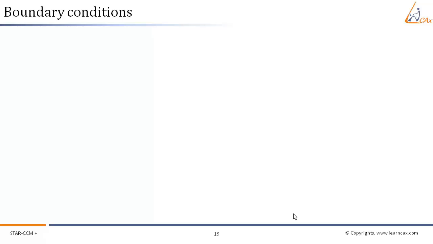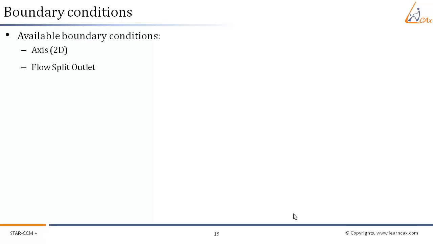Depending upon flow physics at the boundary, we cannot use the same boundary conditions at all boundaries. In CFD software, different boundary condition types are available for different boundary purposes.